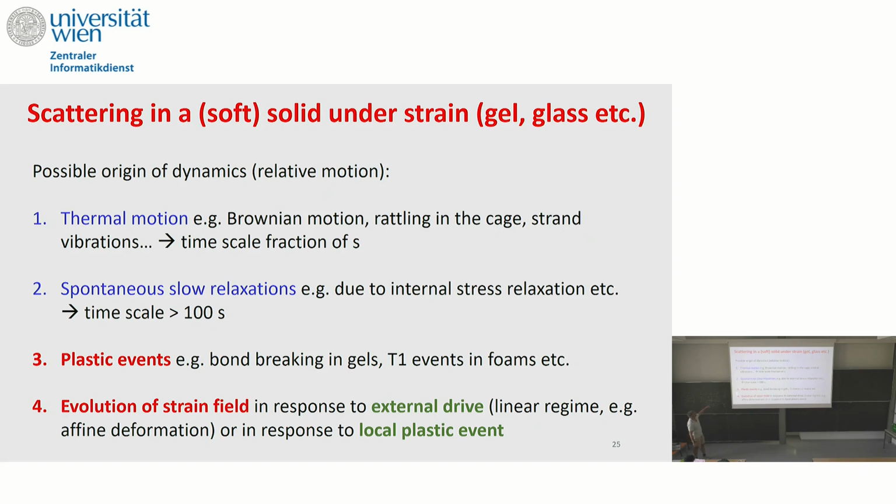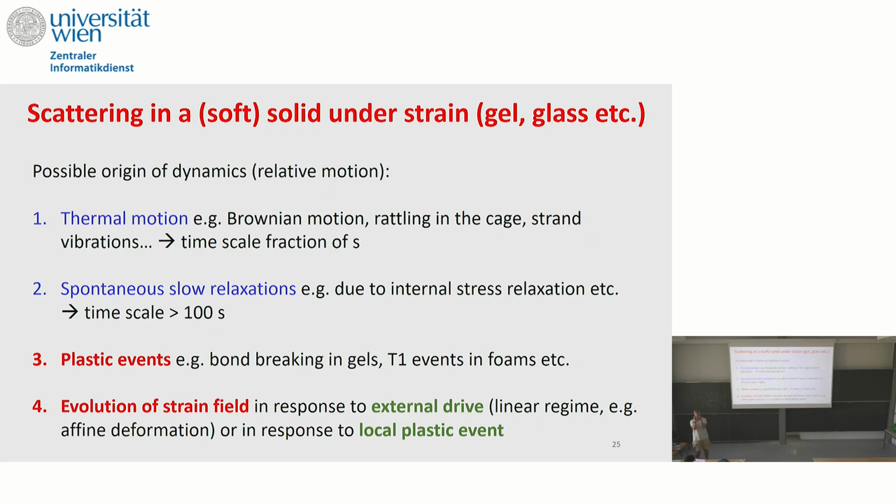And then 3 and 4 are the things that we are really interested in if we are doing rheology and light scattering, or scattering, simultaneously. One thing that changes the position of the particles is plastic events. Imagine, for example, that you have a foam and you have these T1 events where a foam switches neighbors.